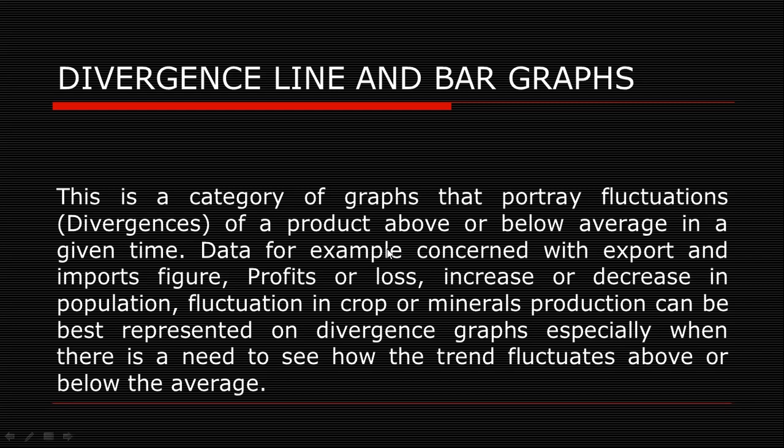This kind of graph will be given particularly to particular data, as we shall later see. The question could be, how do we get the divergence? How do we get some positive and others negative? You will be given data.